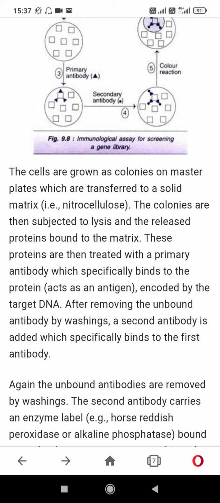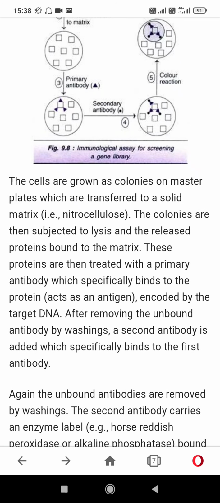These proteins are treated with a primary antibody which will specifically bind to the protein. Here the protein is acting as an antigen, and on the basis of that we prepare such an antibody. The antigen is the protein encoded by our target DNA. After removing the unbound antibody by several washings, a secondary antibody is added which specifically binds to the primary antibody.